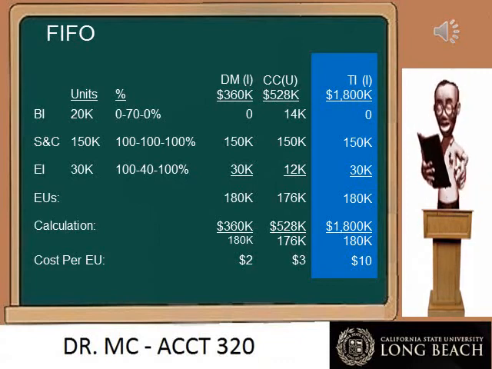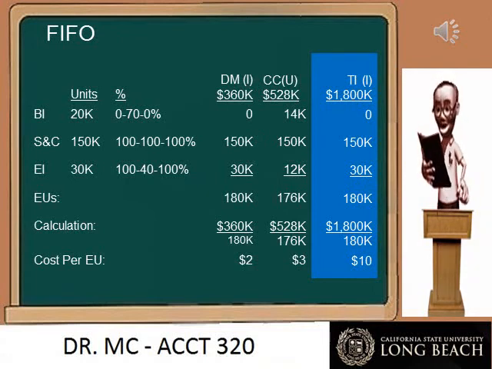Started and completed has 150,000 units times 100%, which is 150,000 equivalent units. Ending inventory has 30,000 units times 100%, which is 30,000 equivalent units. The total equivalent units for transferred in is 180,000, and when you divide the $1,800,000 transferred in costs by 180,000 units, you get an average cost of $10 per equivalent unit for transferred in.